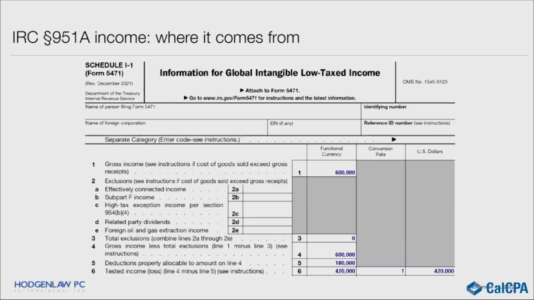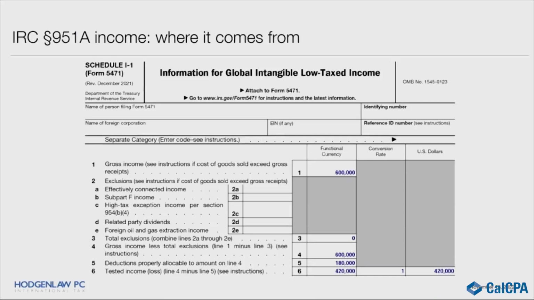And I've given you a very simplified version of this. You can see line 1, it says gross income, gross revenue, $600,000. There are some exclusions in line 2, and we'll talk about one of them, the high tax exception, the 2C, in the next example. But in this case, in our example, we have no exclusions. Therefore, gross income is $600,000.